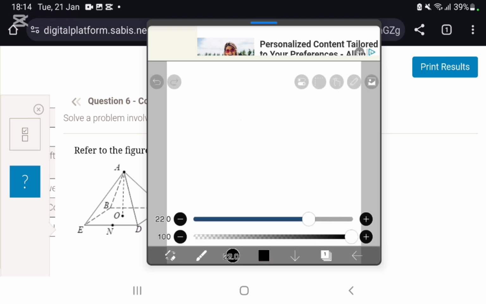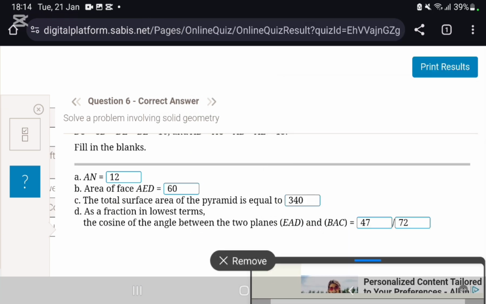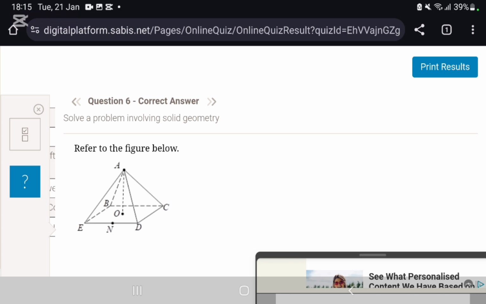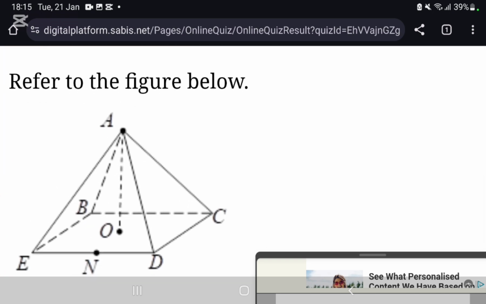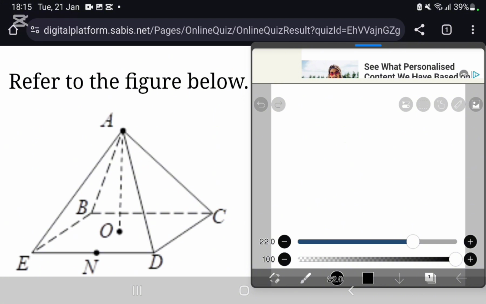Now, for the last part of this question, the cosine of the angle between the two planes EAD and BAC. So for this one, I cannot really draw it, so I'm just gonna draw it here. Let's say we have two triangles touching each other. The angle they're talking about here is this one, okay?